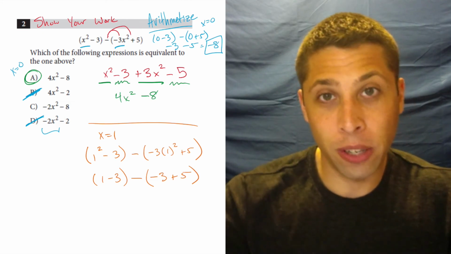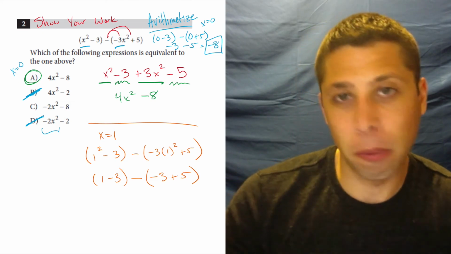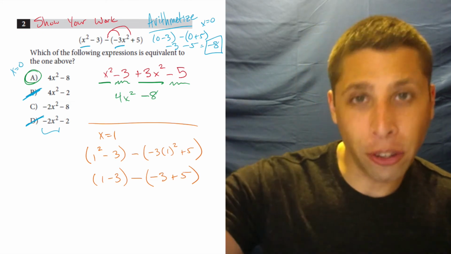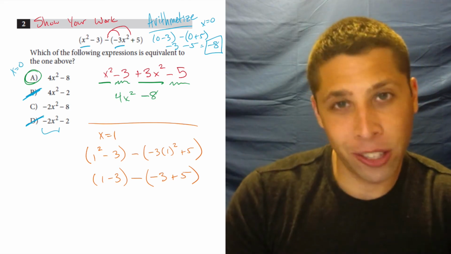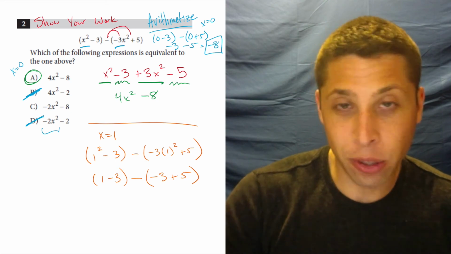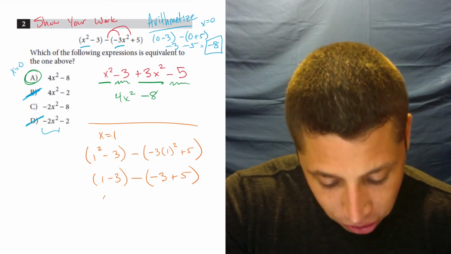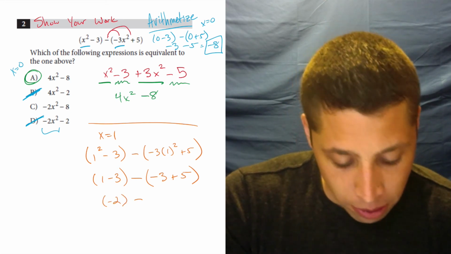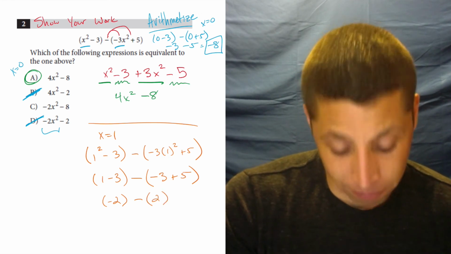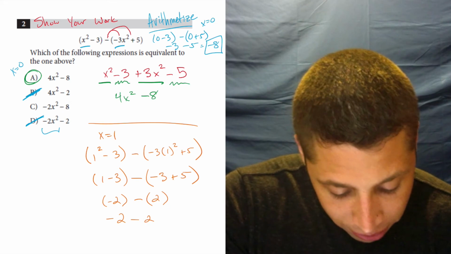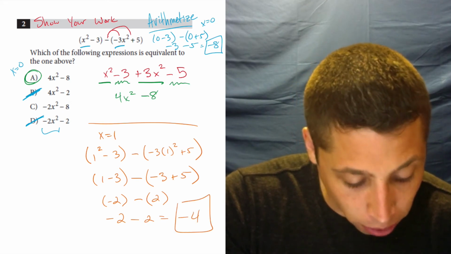And notice it still looks like we need to distribute, but we don't. Because unlike the original expression, we can combine the stuff in the parentheses. So we can do this without having to distribute because 1 minus 3 is just negative 2. And negative 3 plus 5 is just positive 2. So now negative 2 minus 2 is negative 4.